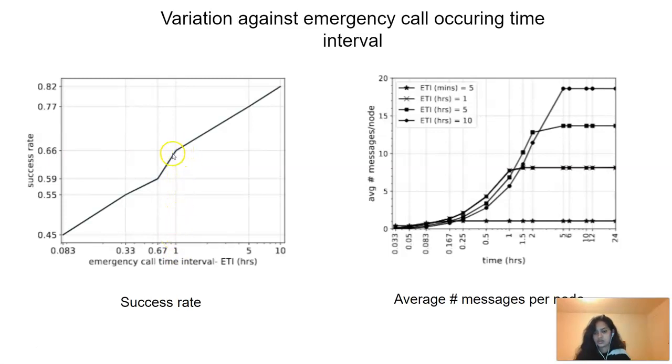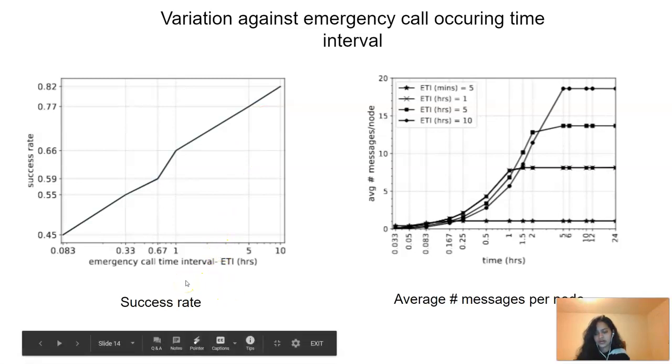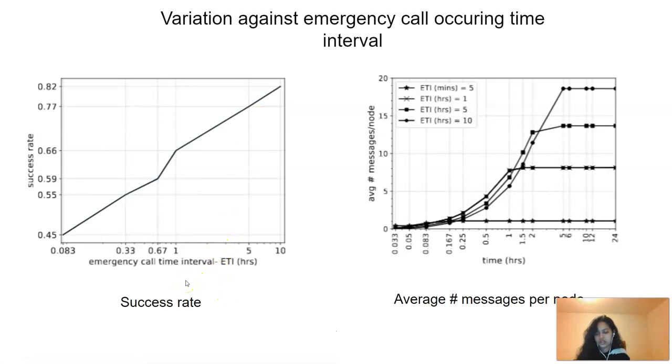So that means more than 50% of the calls are getting transmitted when the emergency calls occur during a 1 hour time period. So when the calls are much more spread out during the emergency call occurring time duration, the success rate increases.